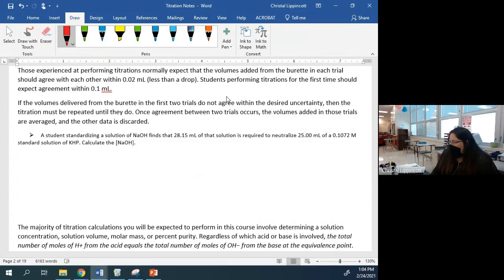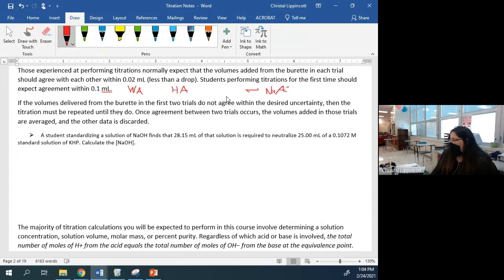A buffer is either a weak acid or a weak base. So let's say a weak acid. So a weak acid would be HA, right? That's an anion there. And then on the other part, it's going to have a conjugate that would be like maybe sodium, so a salt of that anion.